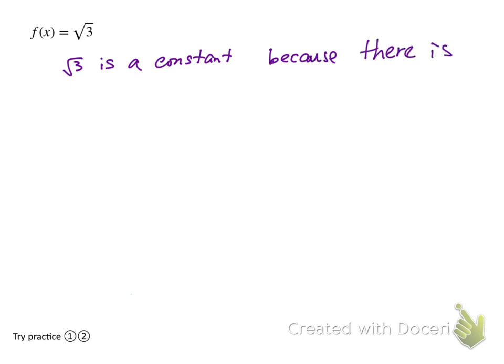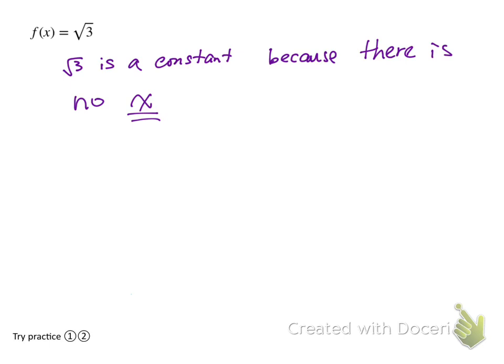If you put it in your calculator, it will tell you it's 1.732, etc. But the point is, square root of 3 is a constant, and it is constant because there is no x in the expression.